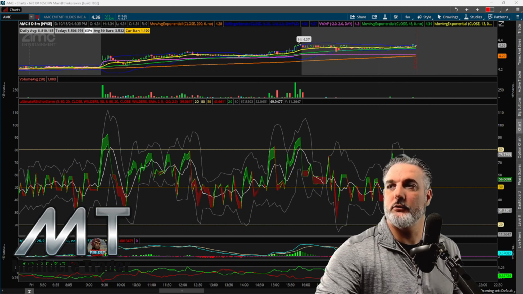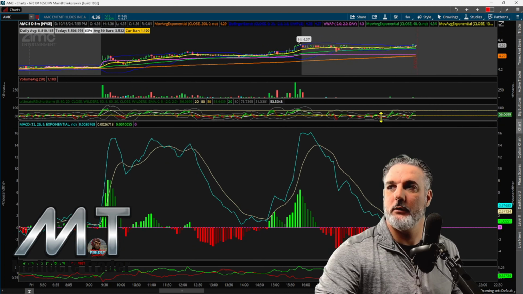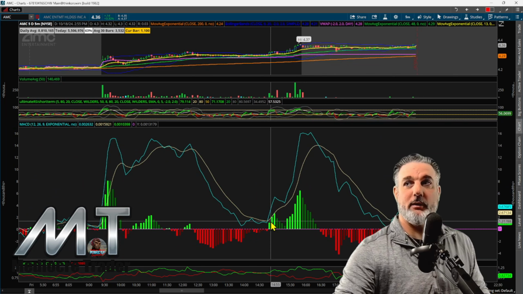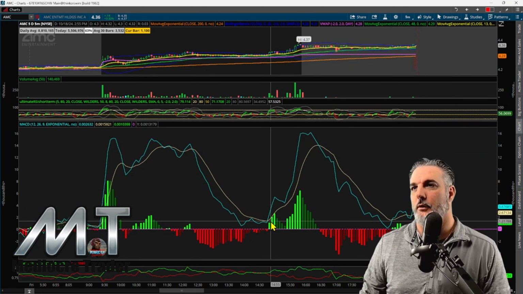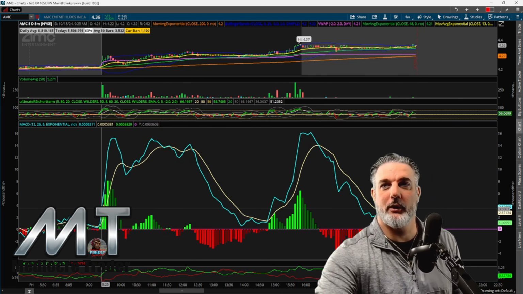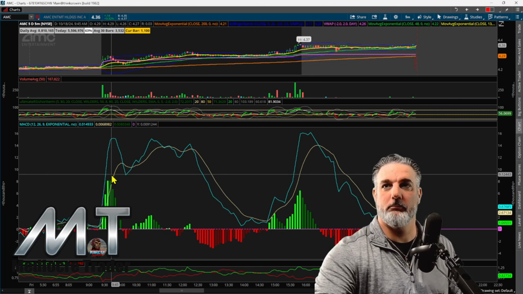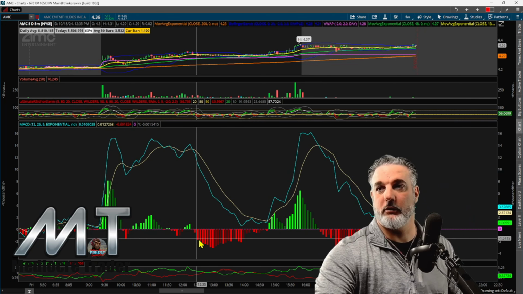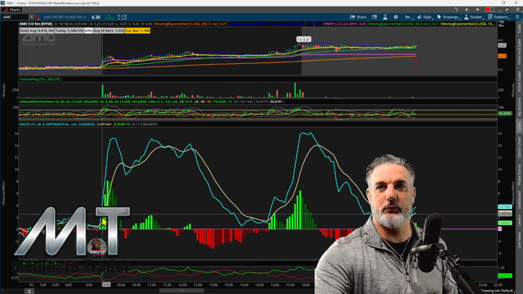So moving on, let's talk about the MACD. Okay? This is by far one of my favorite indicators. I'm looking for this histogram here. We get a bullish histogram, and then you get your bearish histogram. It goes through cycles, right?